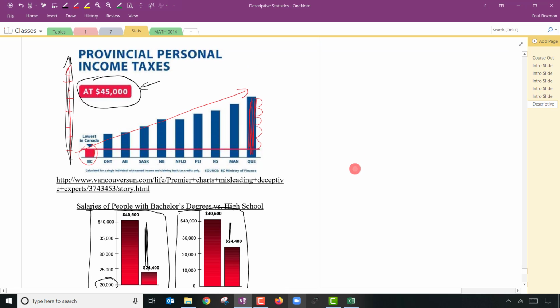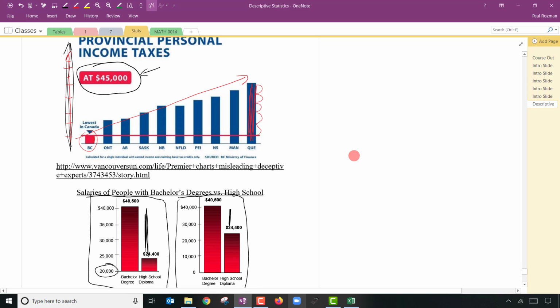In neither of these do we know anything about sample sizes. Presumably in the income tax example, the government knows all the taxes that they receive, so they don't even need to sample. They basically have the population data.